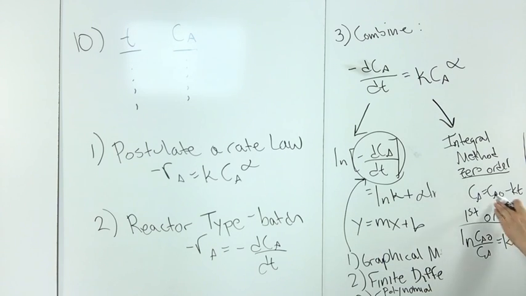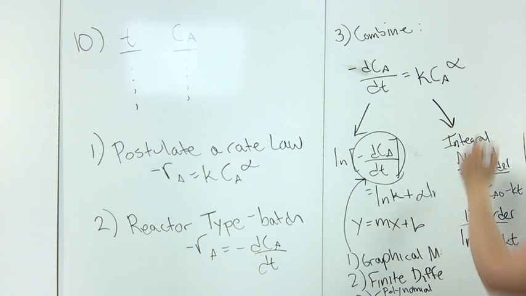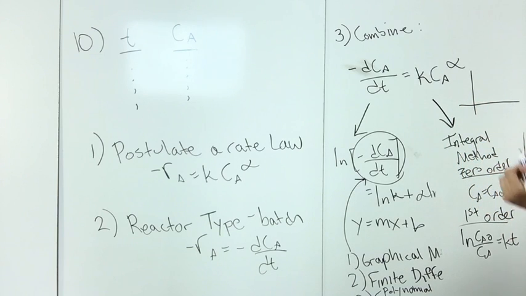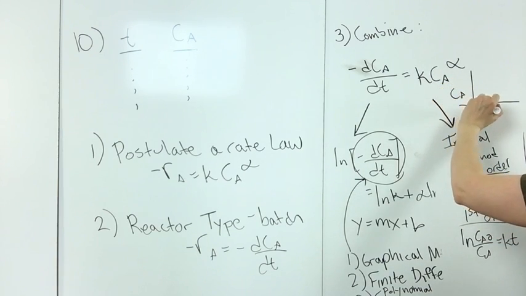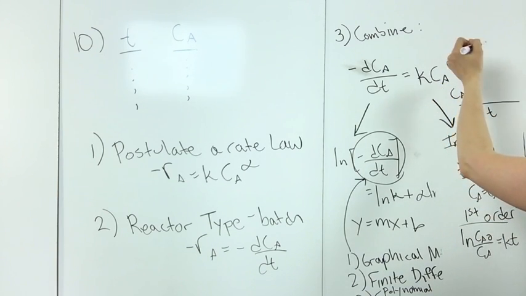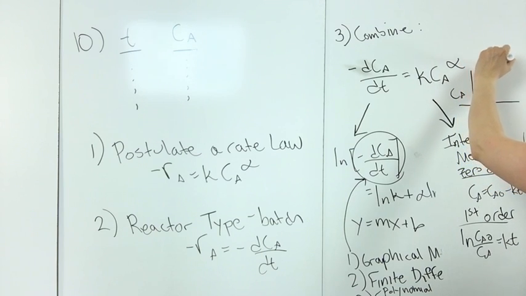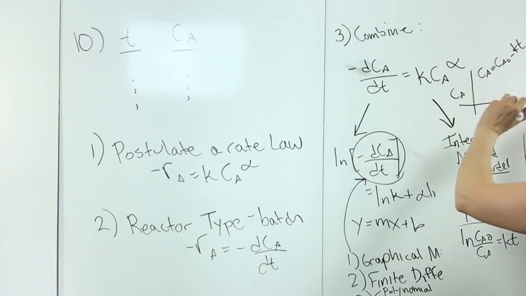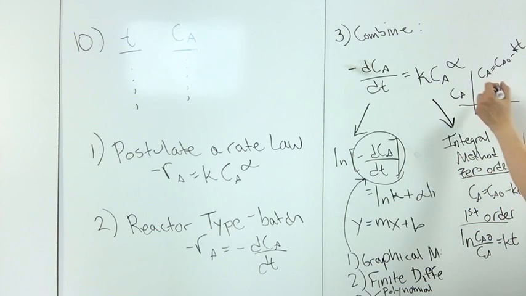For instance, for zero order, you would plot Ca and t, and you should get a line. So if you plot Ca versus t, and your equation is Ca is equal to Ca naught minus Kt, then you should just get a straight line.